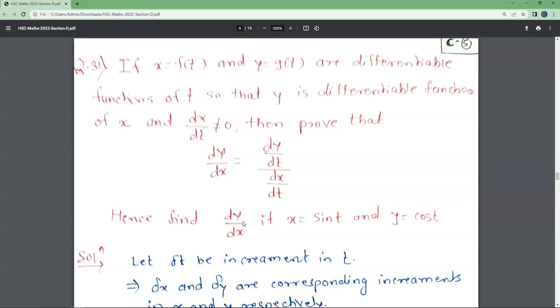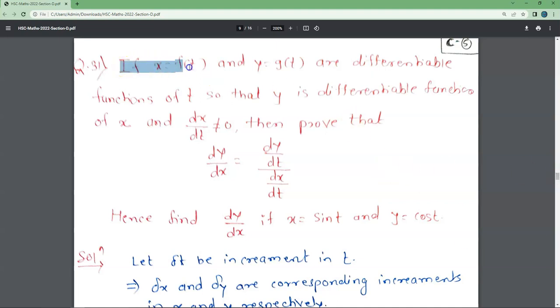And limit of delta x tends to 0, delta y upon delta x exists, and it exists and it is equal to dy by dx, right? That is what the definition of the derivatives.